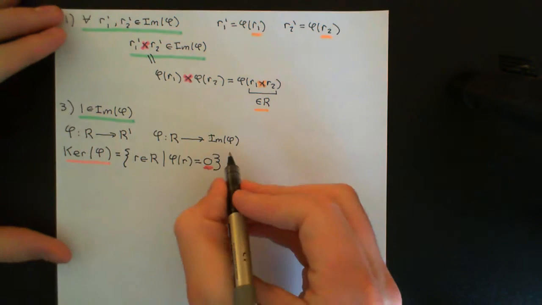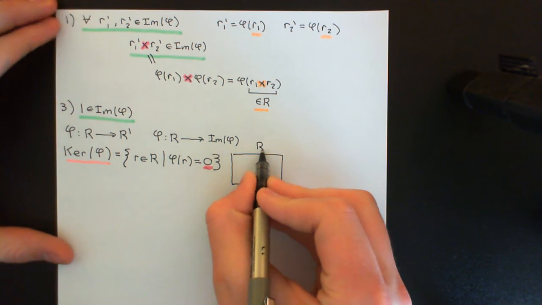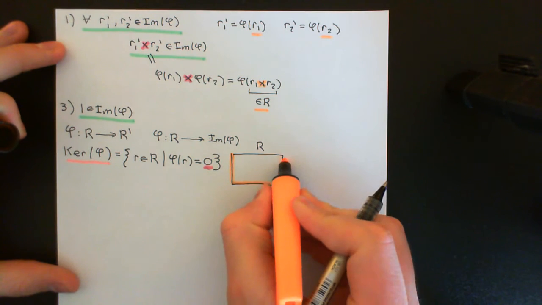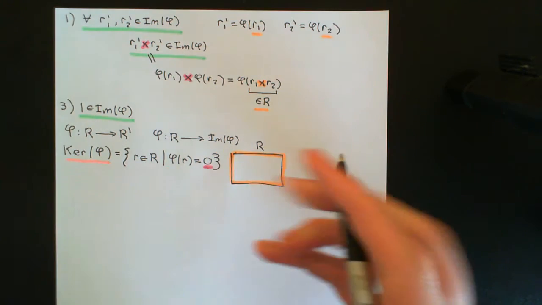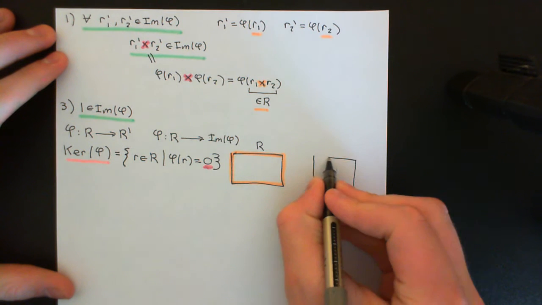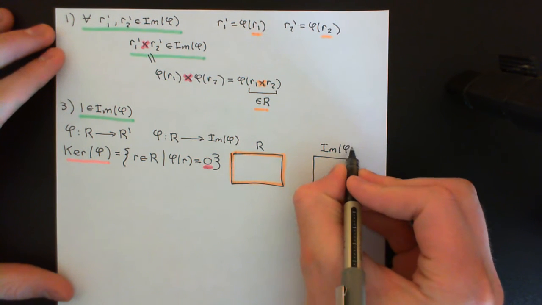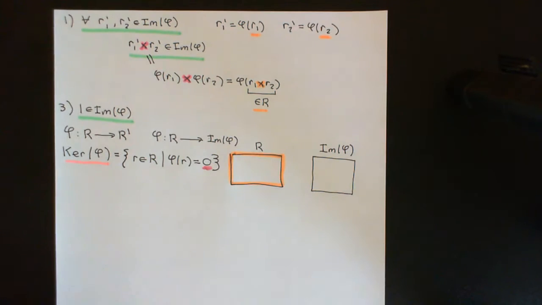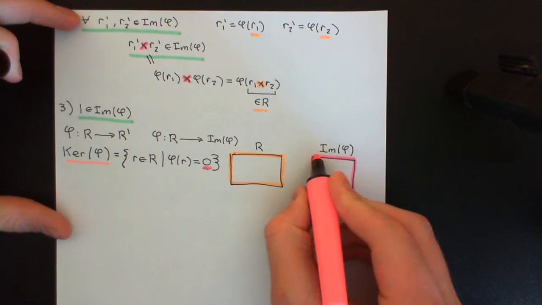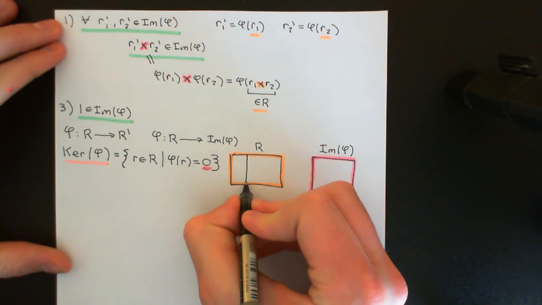Drawing a little picture for this: if we have our domain ring here, which I'll colour in orange, and we have what I will now draw just as the image of the homomorphism. I won't bother drawing the rest of the codomain ring anymore, so I'll just draw the image of the homomorphism here. The kernel of the ring homomorphism is a subset of the domain ring, so I'll draw it like so.